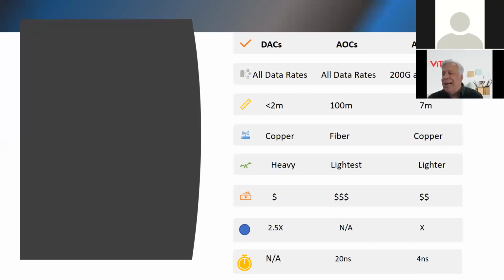So you've got about a 4 nanosecond latency with the mixed signal ASIC. And on the AOCs, when you talk about the non-DSP or the analog chip CDR, you're talking about 20 nanoseconds. And if you're talking about a DSP AOC, you're talking a little over 100 nanoseconds.